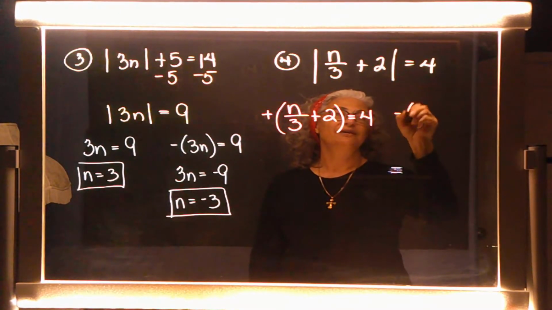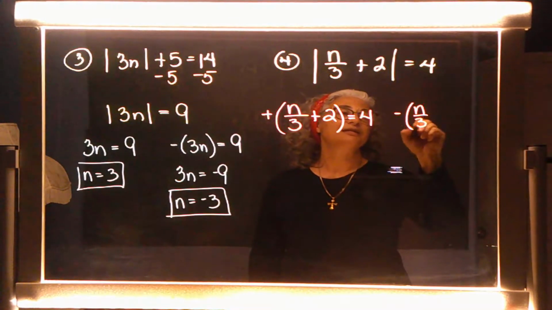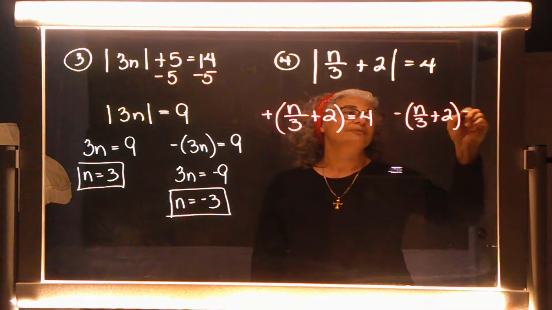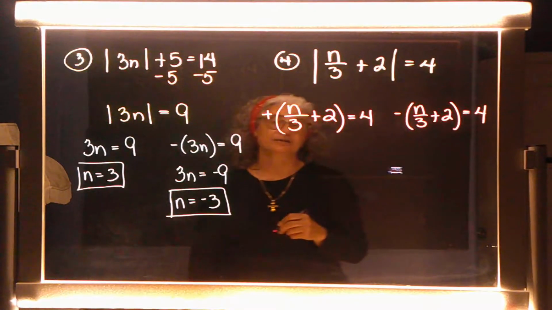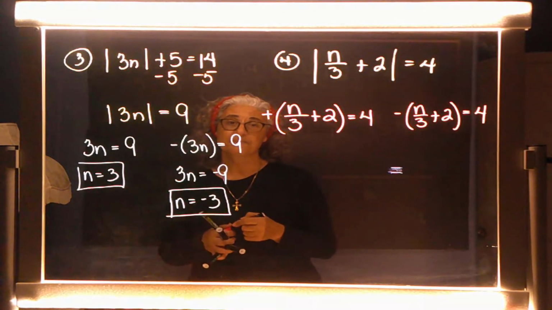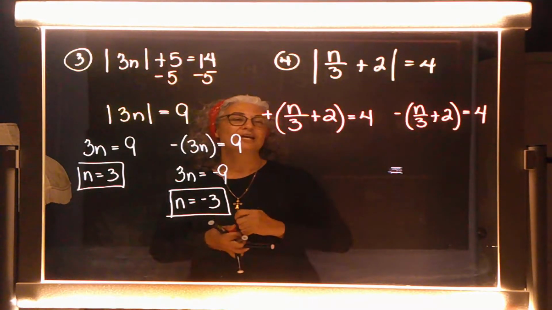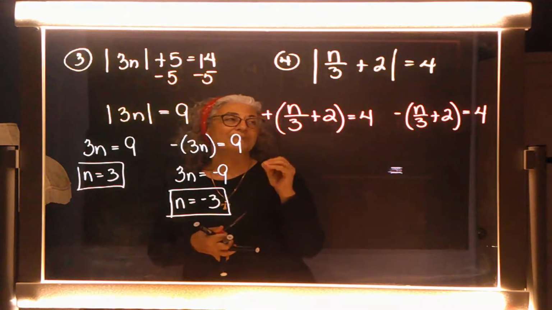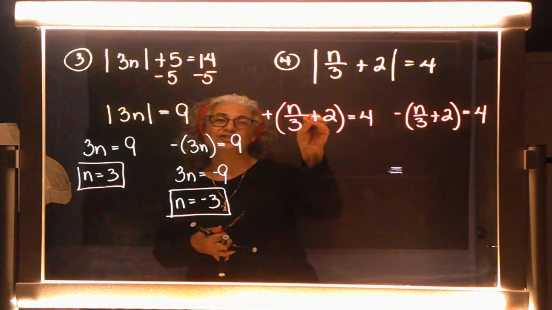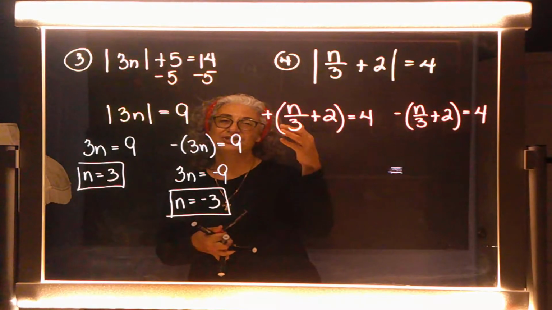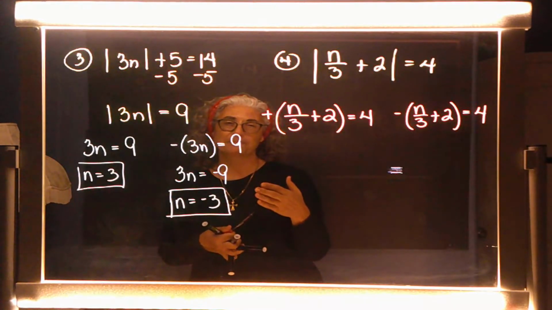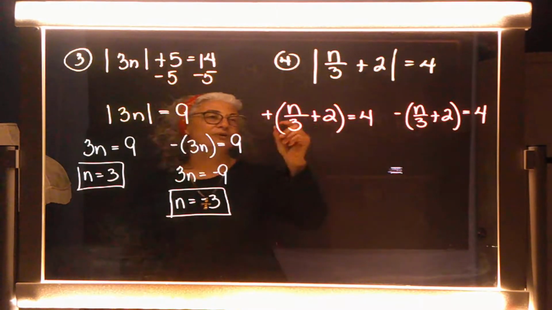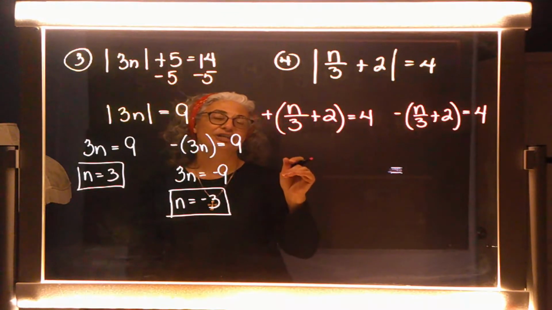So the negative of the number inside, when I take its absolute value, is still supposed to equal a positive 4. Are you with me? Okay. Do you need this positive? No. But because this is an addition problem here, I kind of wanted you to see it that way.